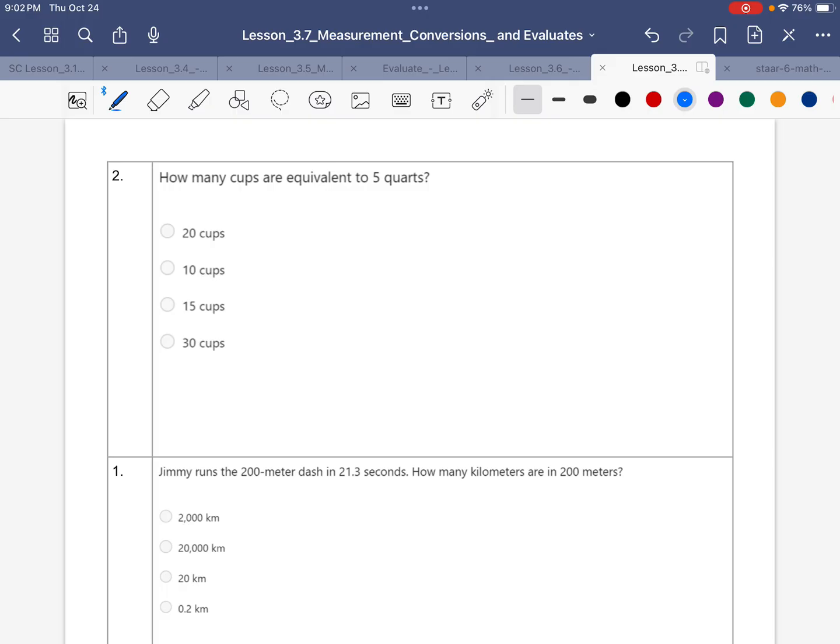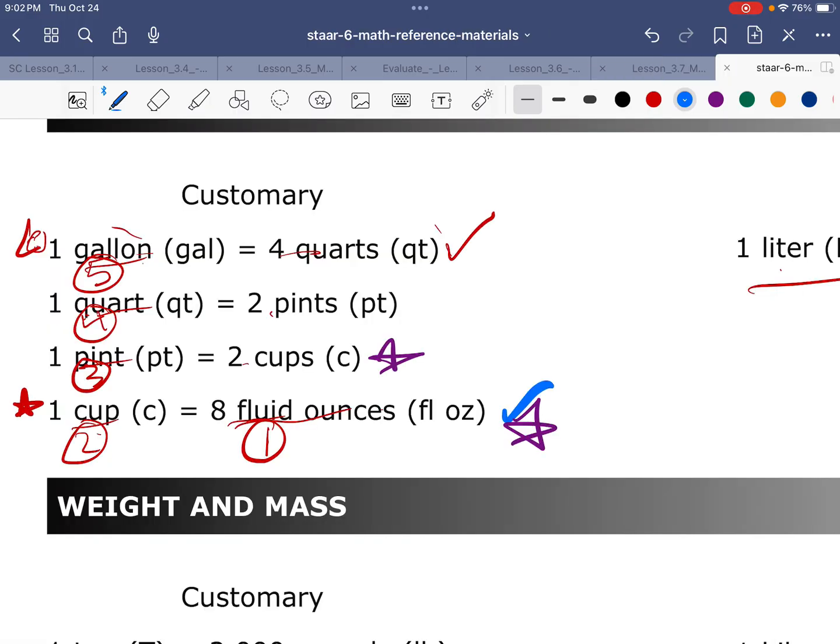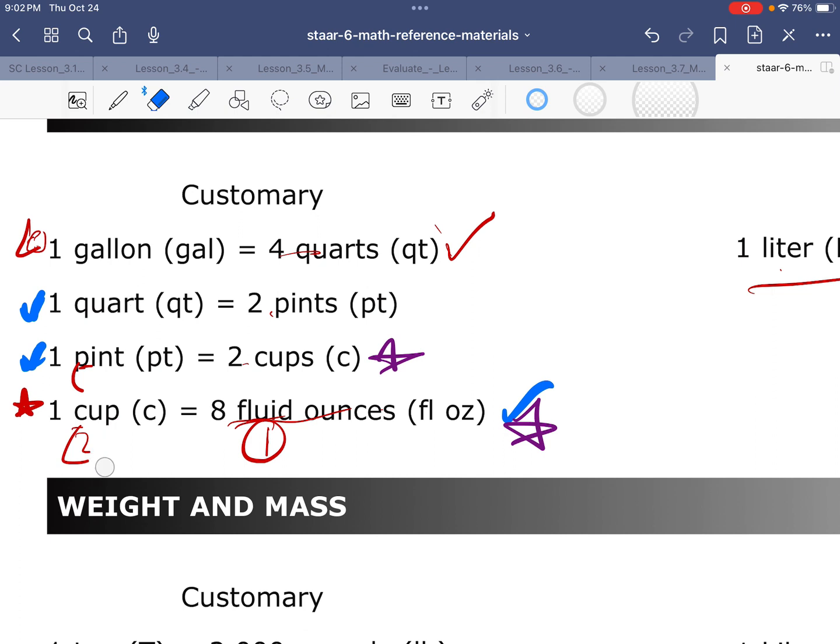Cups to quarts. So we're going to have to use this one here and this one here. Okay, let's get rid of some of this so we can see a clean sheet. So 1 pint equals 2 cups.